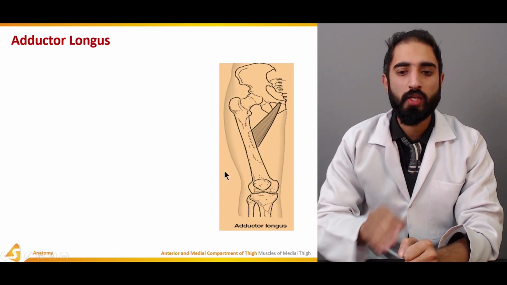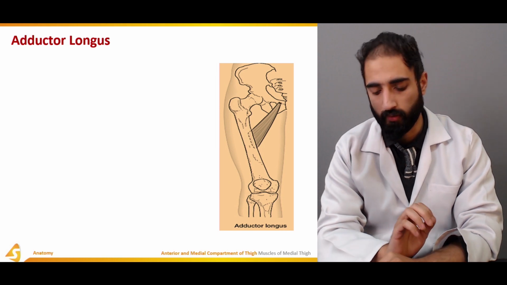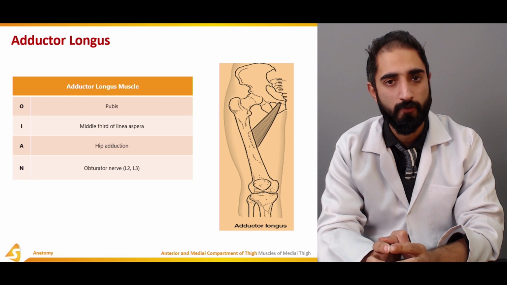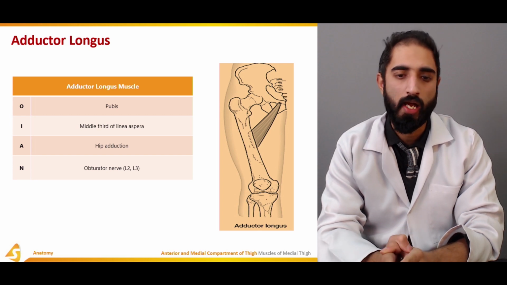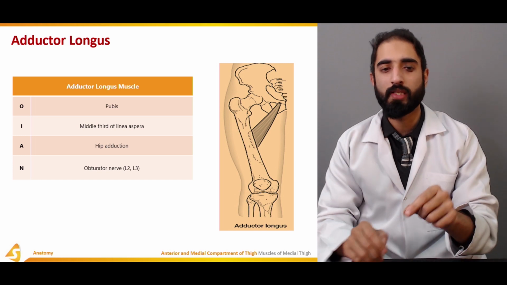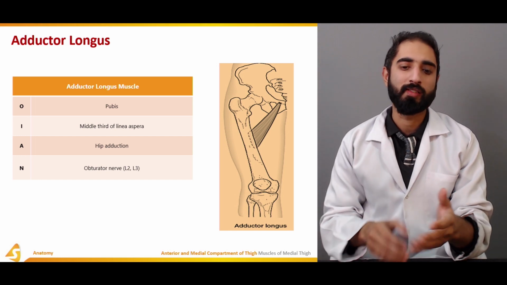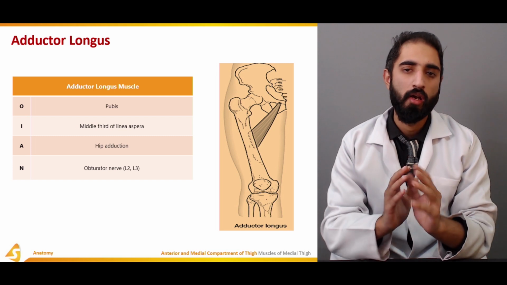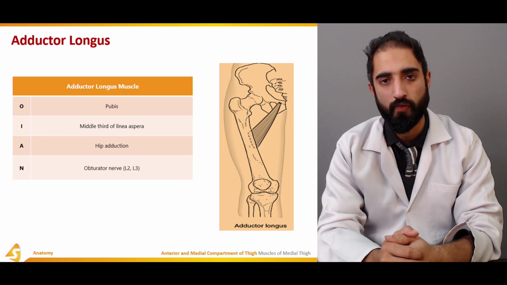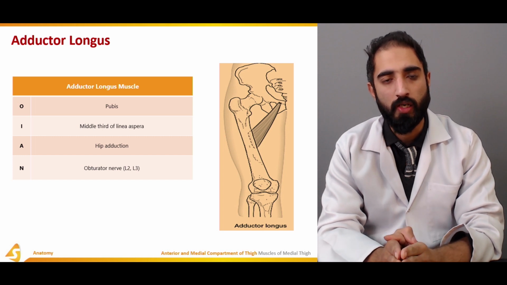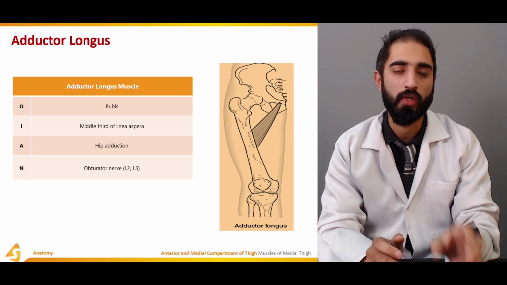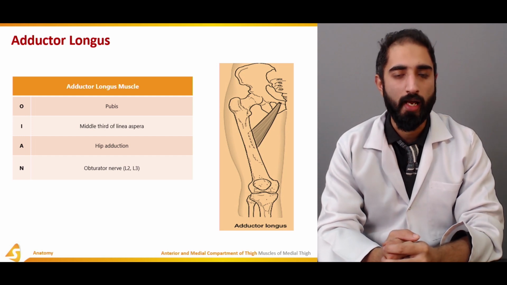So let's start off with the adductor longus muscle. Adductor longus arises from the pubis and it inserts laterally to the middle third of the linea aspera. So once again, just like the obturator externus, it also moves slightly posteriorly because linea aspera is present on the posterior aspect of the femur. And the nerve supply is via the obturator nerve, and the nerve roots include L2 and L3.